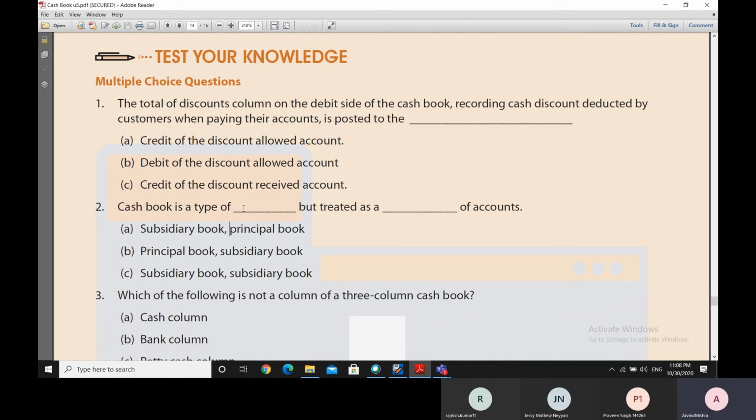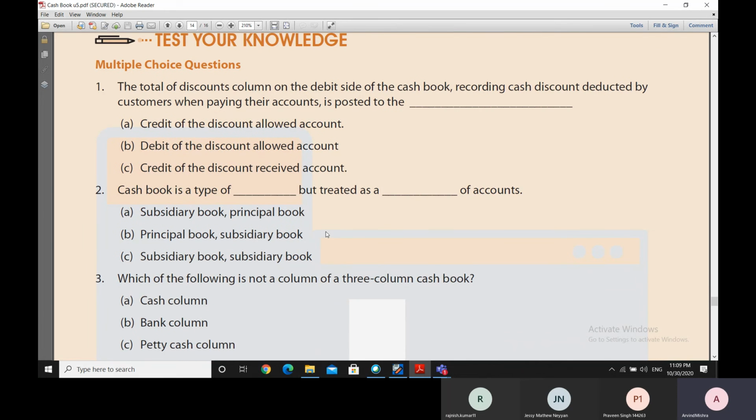So we can say that the cash book also works like a cash account, and it also works like a bank account, and therefore the cash book in its very nature is a subsidiary book, because if the entries are made, they have to be sent to the principal book also, but it is treated as a principal book of account because it is treated as a cash account of the ledger or the bank account of the ledger also.